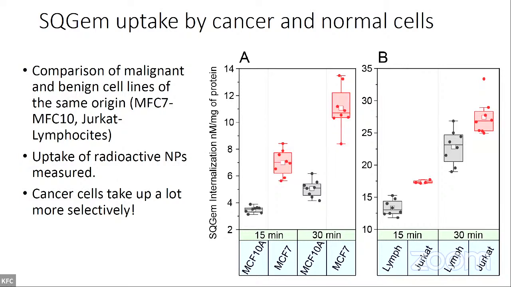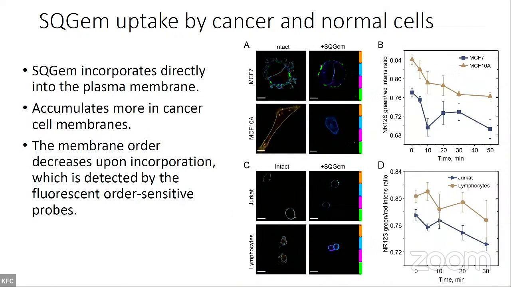So it's selective, but we don't know on which level the selectivity is. We need to prove that this really happens on the level of the membrane, not on the level of DNA or somewhere inside the cell. So what we did here was make fluorescent measurements of the membrane order.